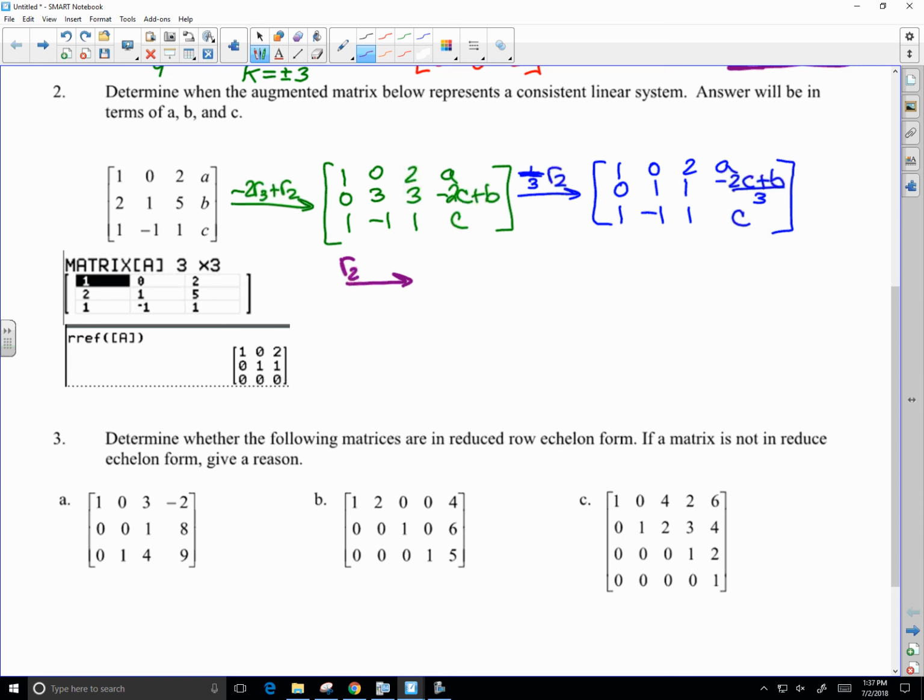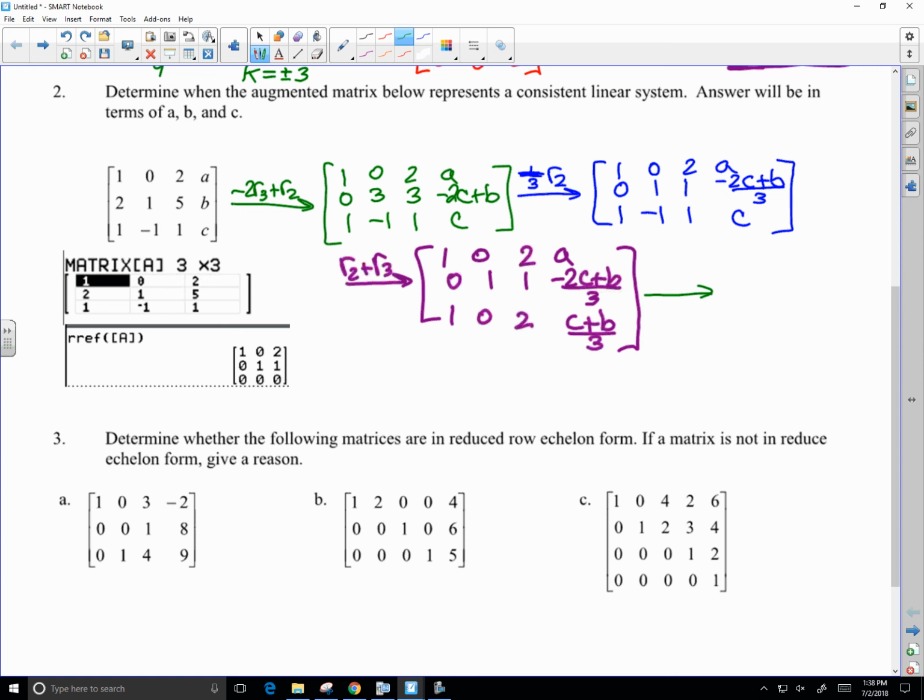So row 2 plus row 3. So you'd really be adding 3c over 3. So 3c minus 2c is c, so it's actually c plus b over 3. Surprisingly nice.